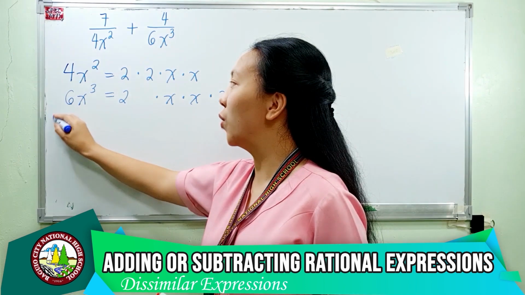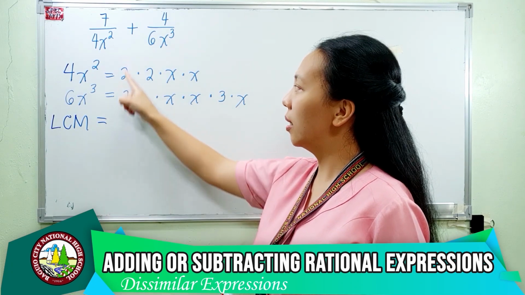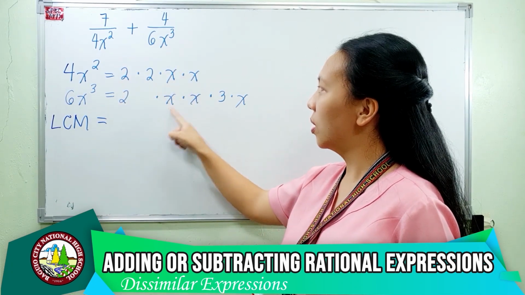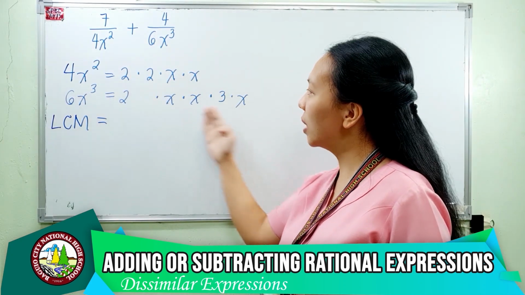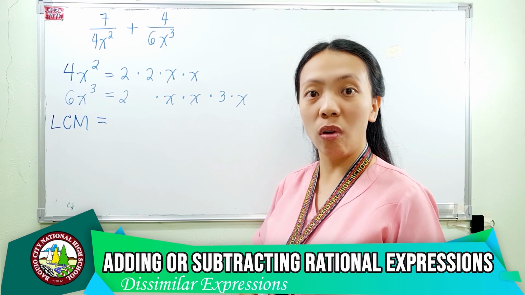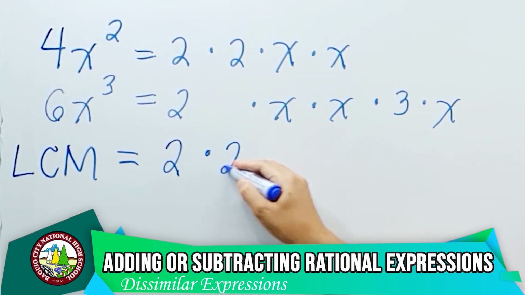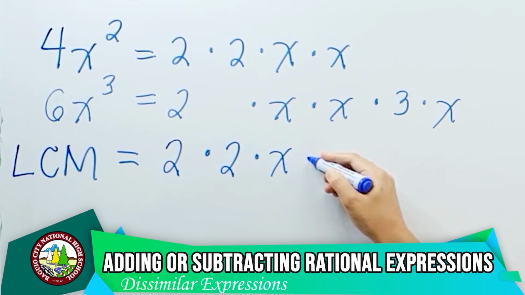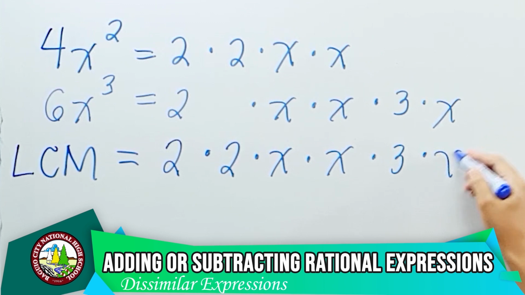Since we are looking for the LCM, take note that we align factors that are common. We copy and multiply all of these factors, but take common factors as 1. And so we have 2 times 2 times x times x times 3 times x.